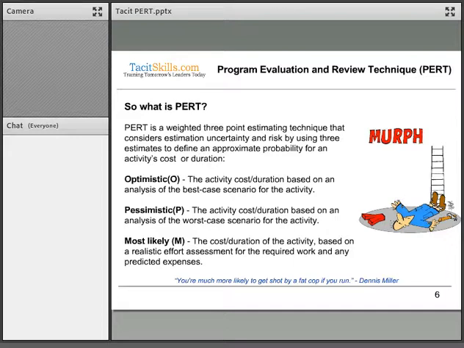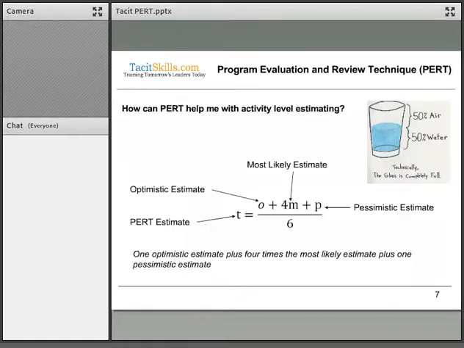The most likely one is based on a realistic effort assessment of the required work. Once we have those 3 figures, we can apply them in the formula to determine the best possible estimate for that specific activity or project. So what is the formula?